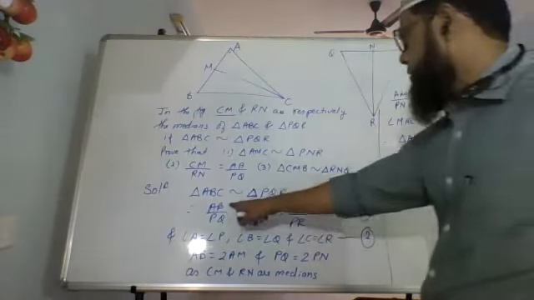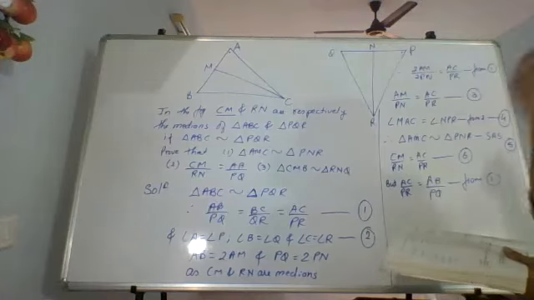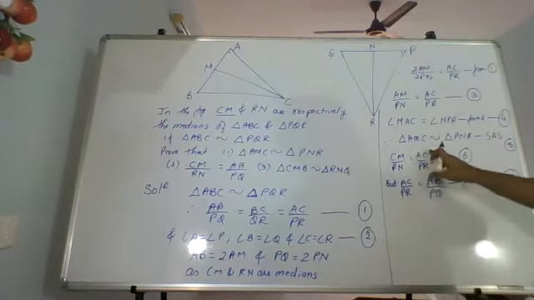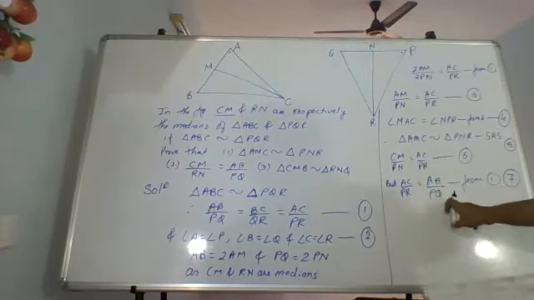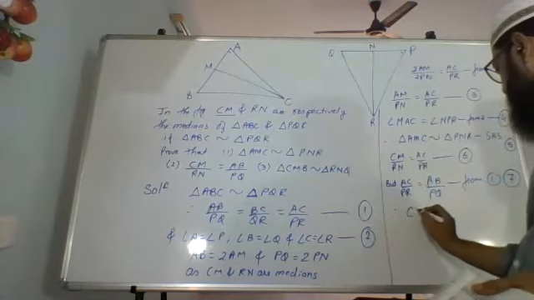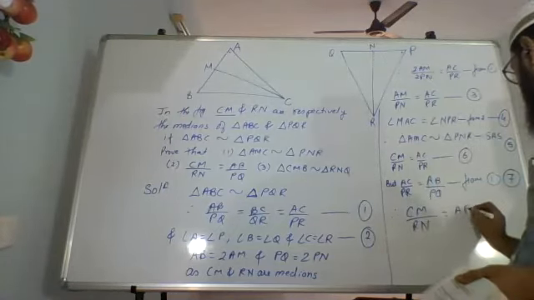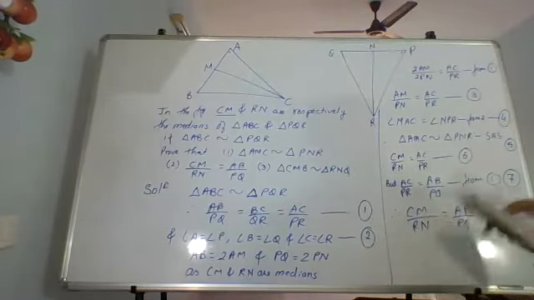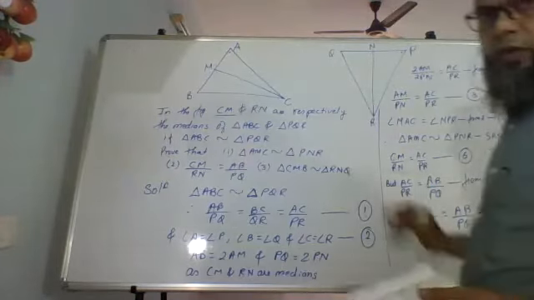Call this 7. So now in place of AC upon PR, I can write AB upon PQ. Therefore CM upon RN equals AB upon PQ. Call this 8.